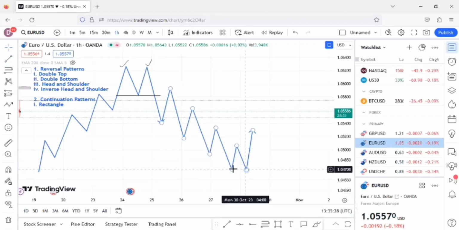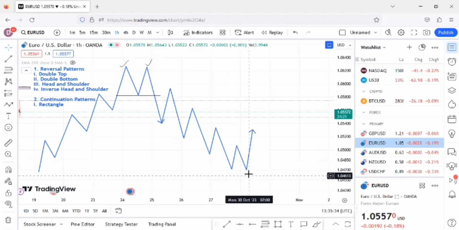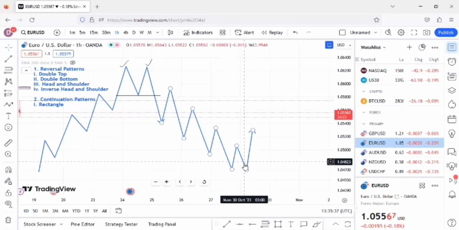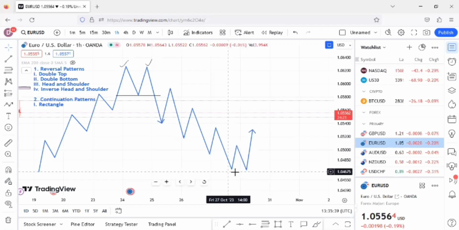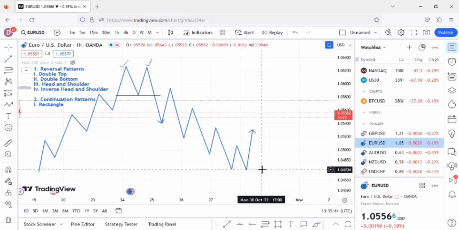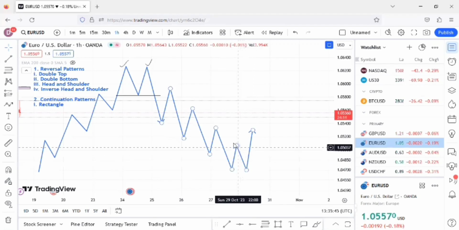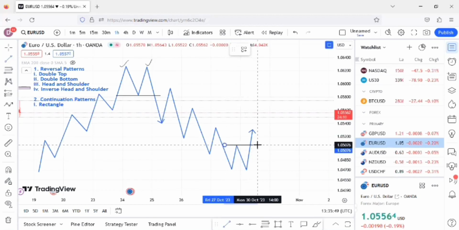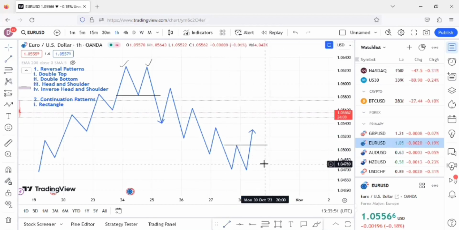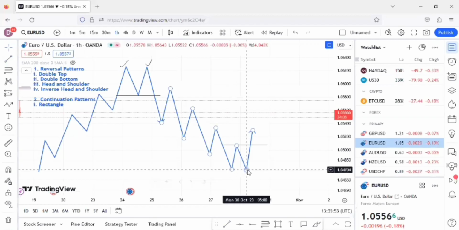So the moment you have an equal low, you should be preparing. If you have any short position, you should be preparing to get out of them, because the moment the price breaks the neckline, you have a reversal already.